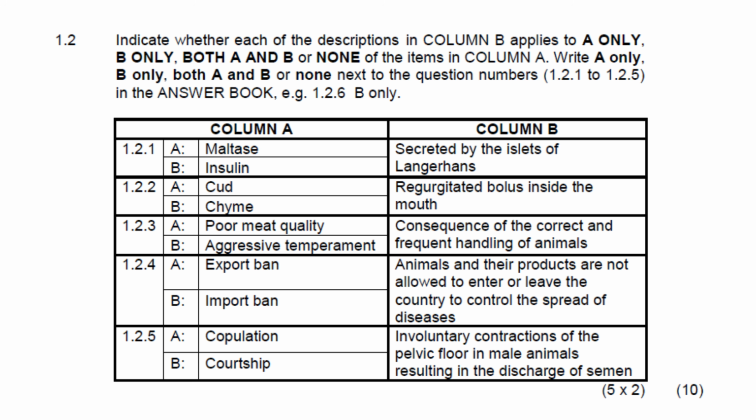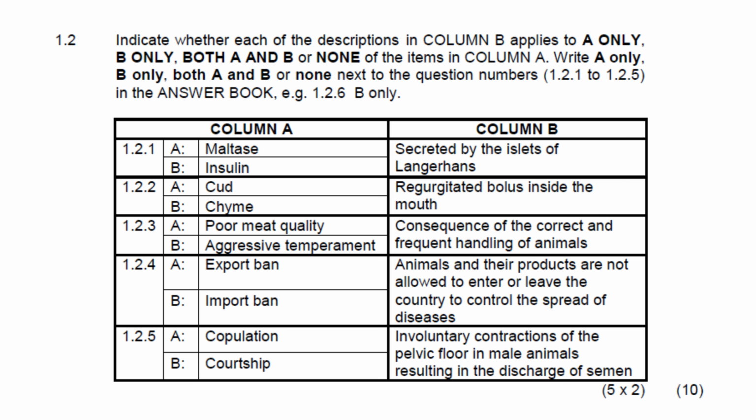Now here we are looking for a consequence. Is there a consequence there? Both of these are not consequences of good handling, because if you handle them correctly, they wouldn't give you poor meat quality, they wouldn't be aggressive, right?